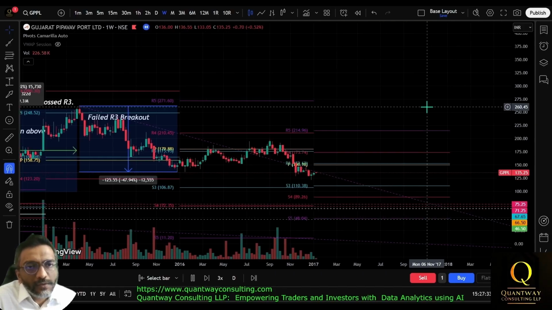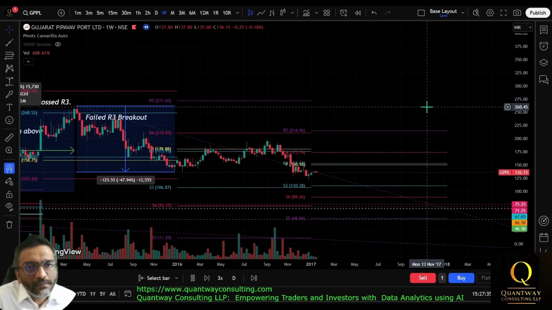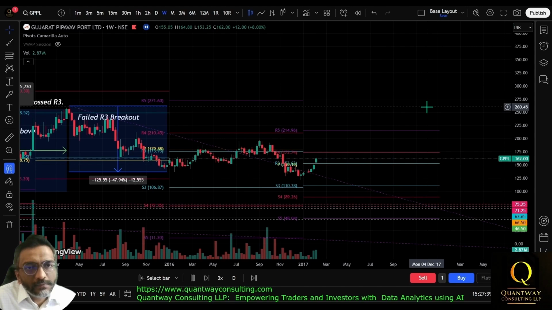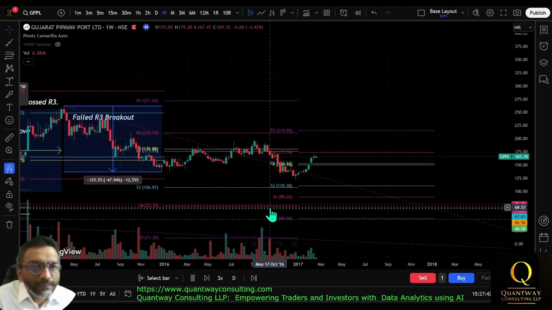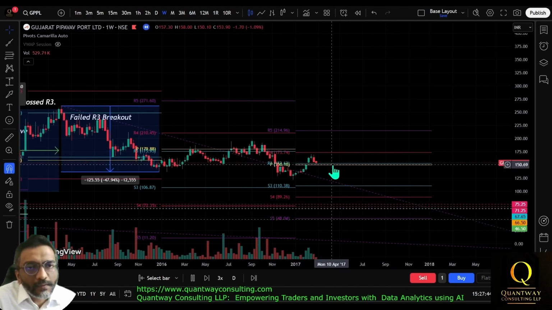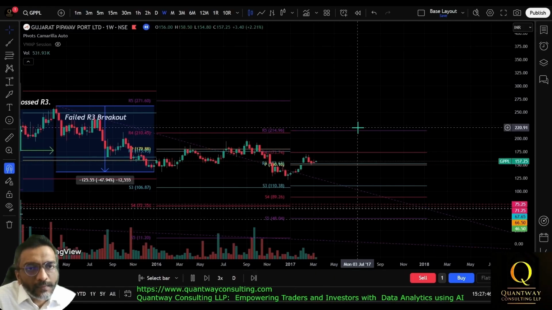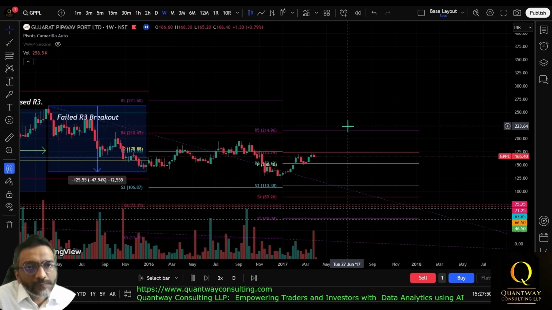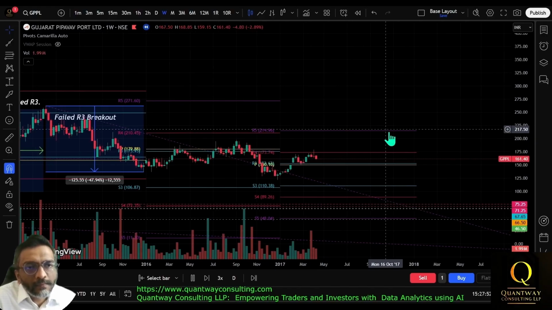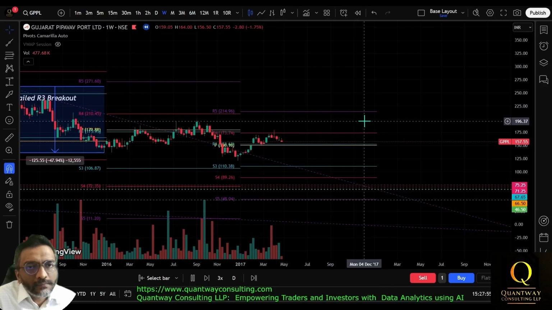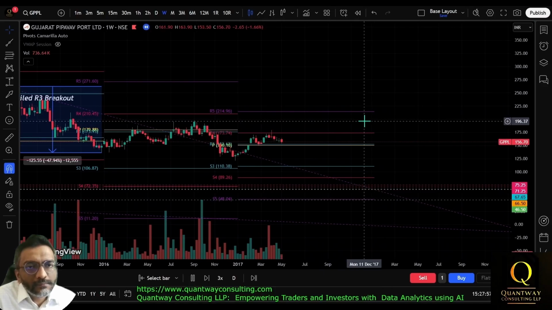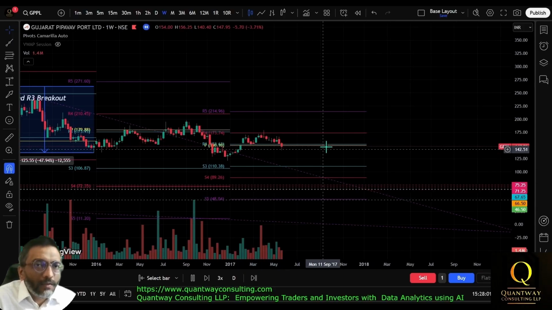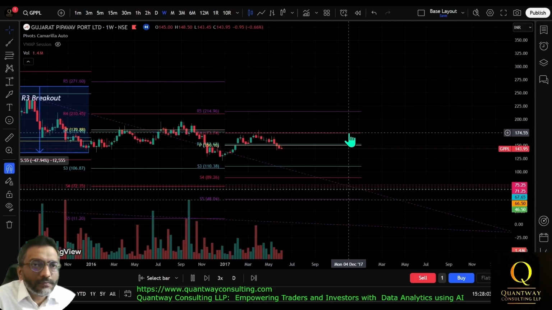Now there is a consolidation happening. Stock is trying to move up. Stock is consolidating right now above the pivot levels.